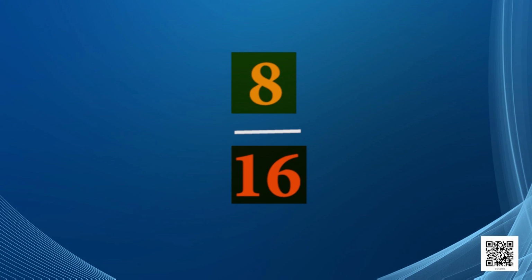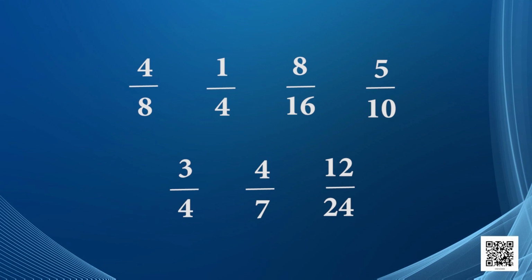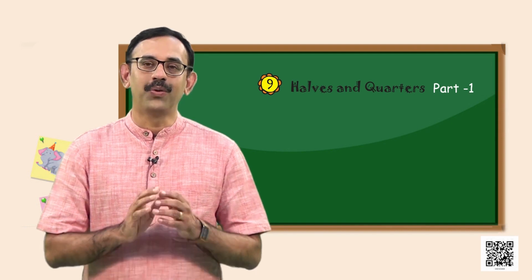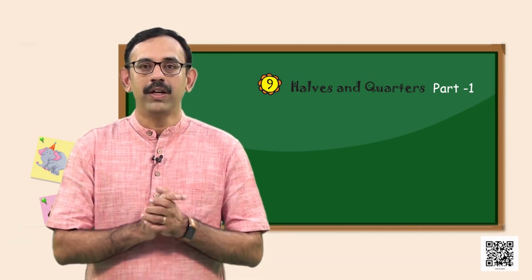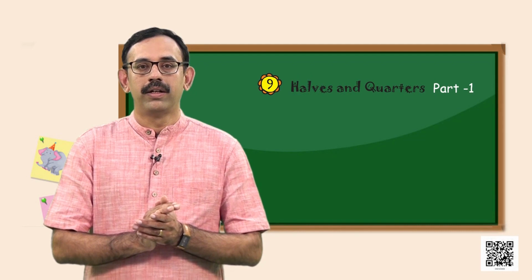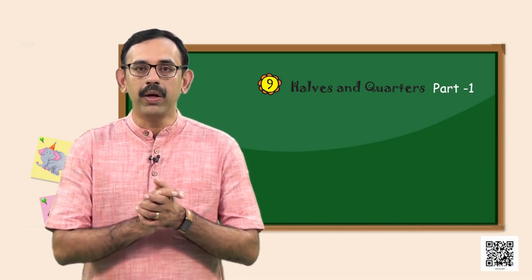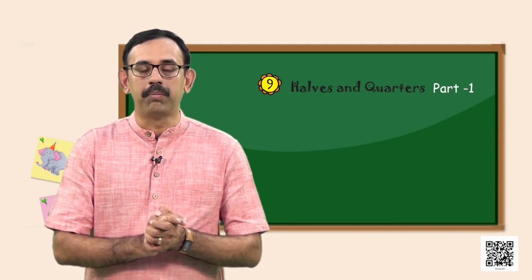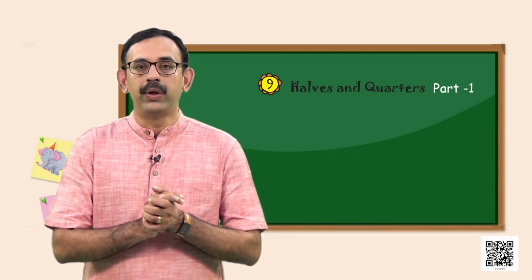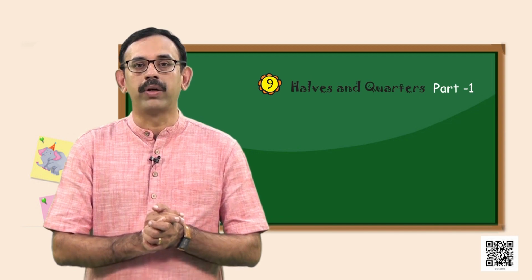Yes. Observe other numbers also. Do they have the same property? So what you have observed is, if a number is equivalent to 1 upon 2, the number on the bottom should be twice the number on the top.